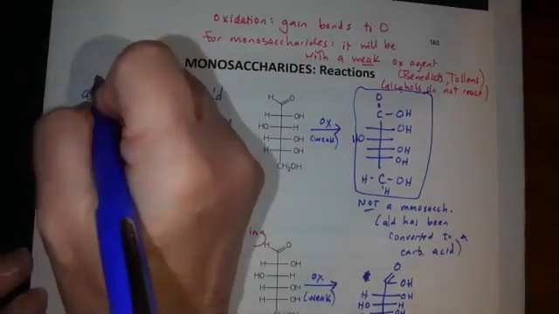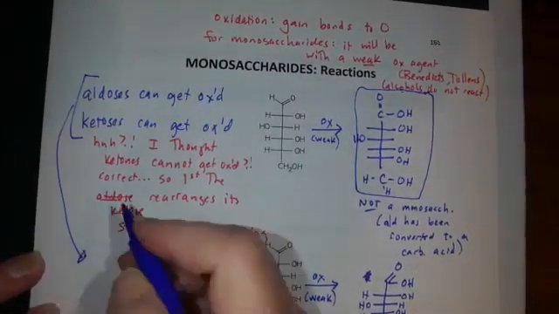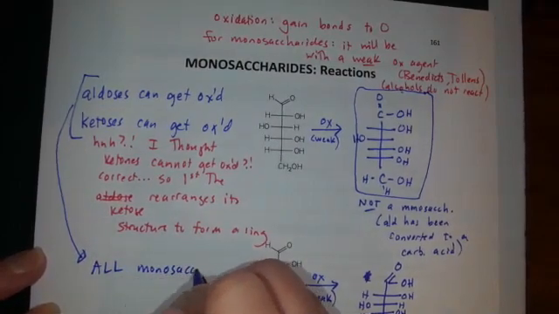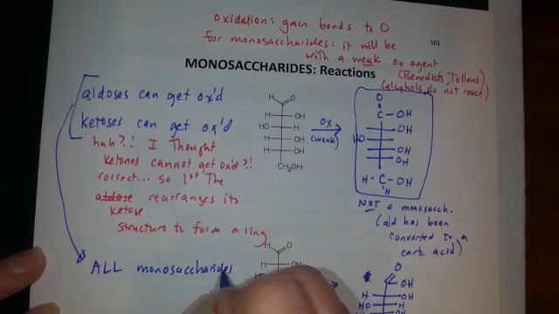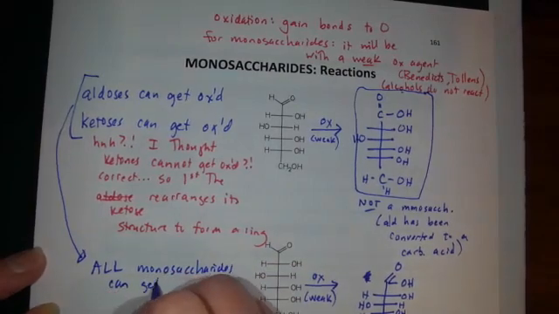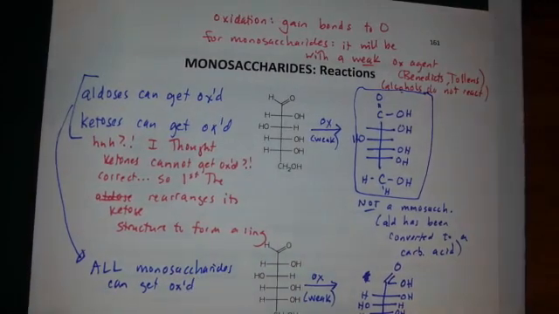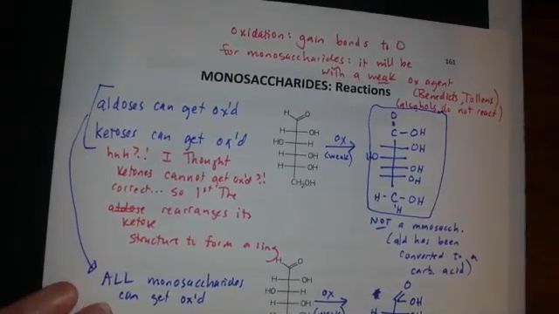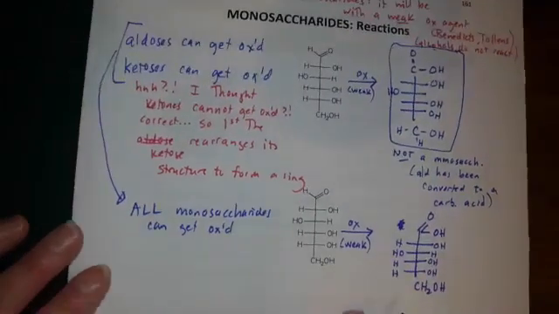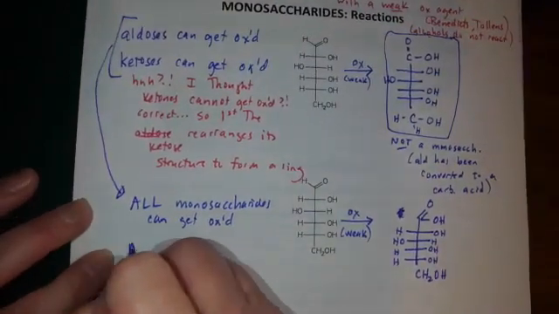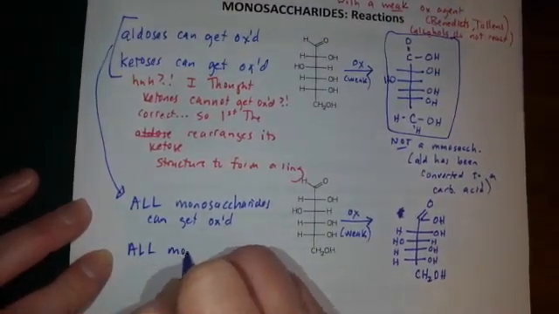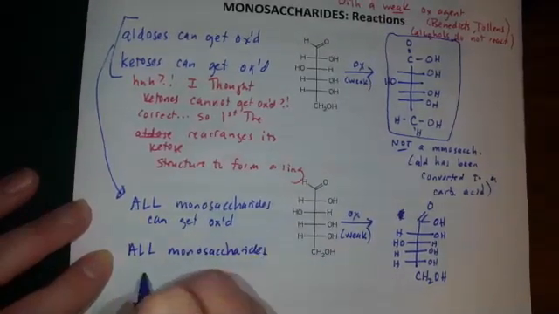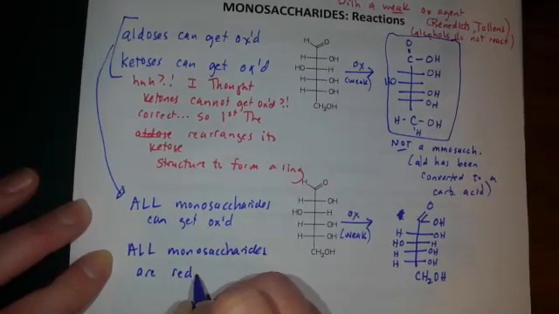And what that means is this: all monosaccharides can get oxidized. We just saw that monosaccharides are either aldoses or ketoses. They both can get oxidized, which means all monosaccharides can get oxidized. And what that also means is that all monosaccharides are reducing sugars.